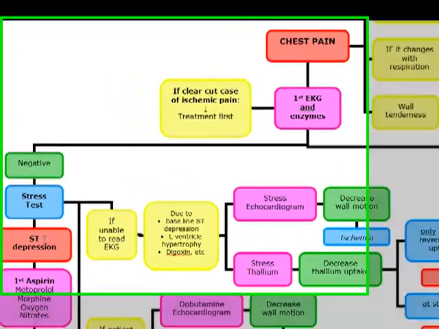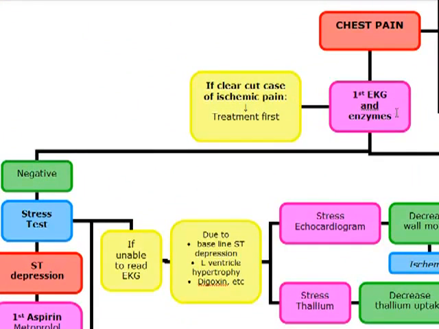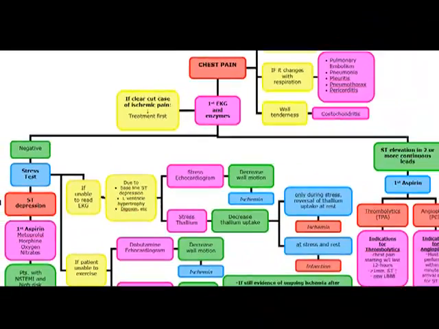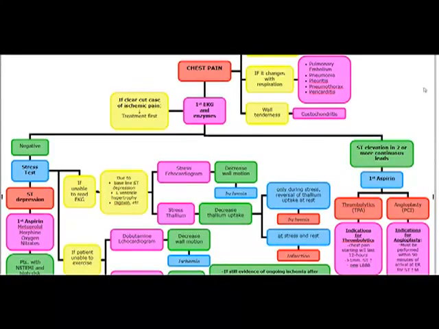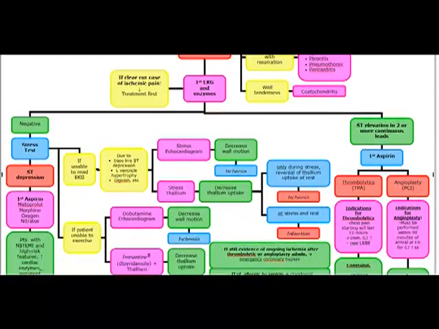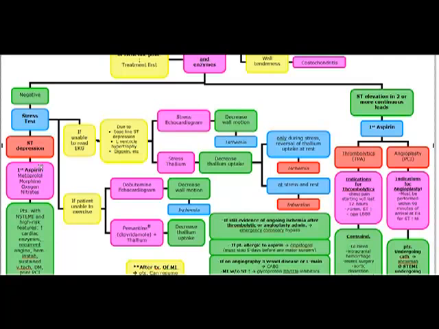Well, the cardiac enzymes are going to be positive. So if you did the EKG and the cardiac enzymes are positive and you see an ST depression, this is an N-STEMI, a non-STEMI, okay? And we said already that we're going to do aspirin, morphine, oxygen, nitrates, and a beta blocker.